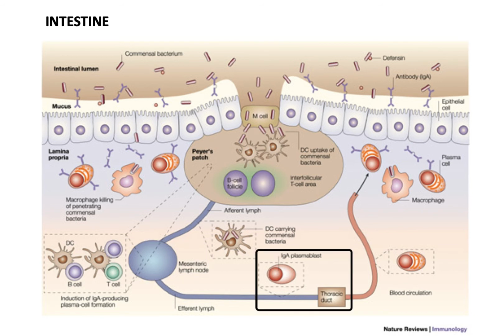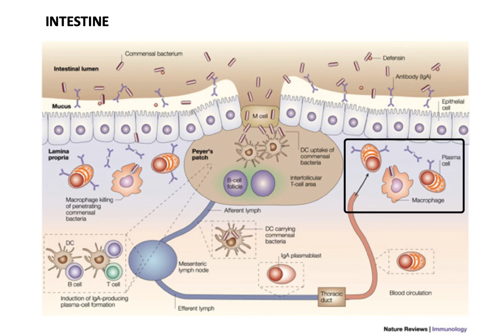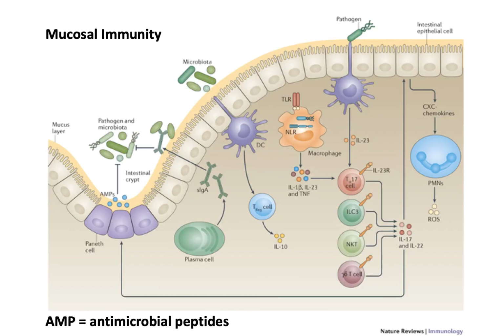And then plasma cells are then released through the lymphatic system to attack that same antigen. Macrophages also are concentrated in those areas, and they will phagocytize the bacteria or viruses as they come through as well.